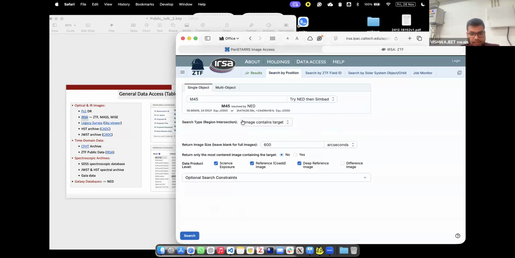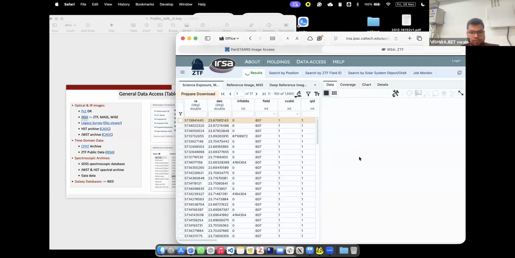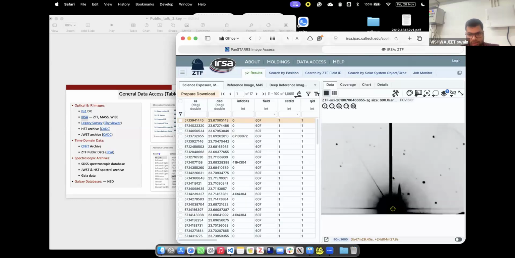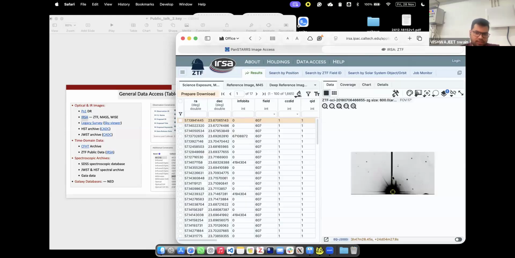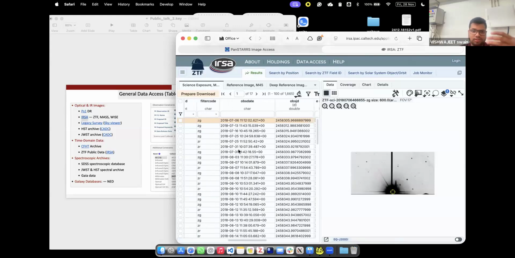And then get the search, if entire searches, then we can select any of the options, and let's have a search here. And then you can see it is giving the image, and we can change that image field and all. But the point is, we can have a series of data.